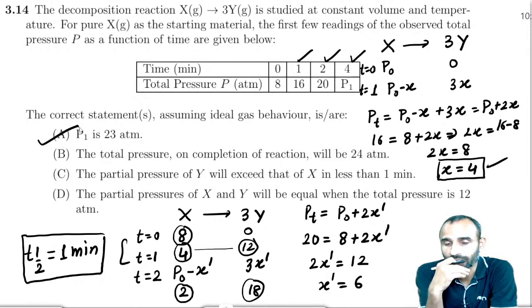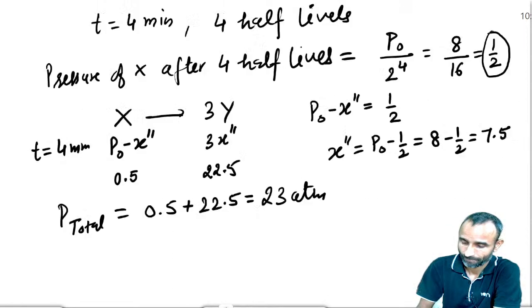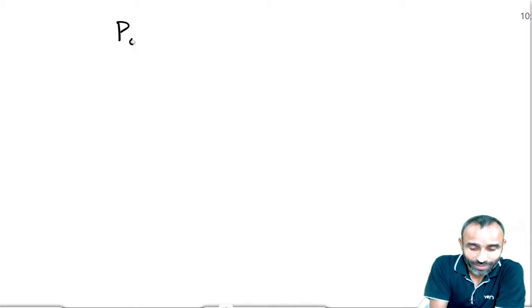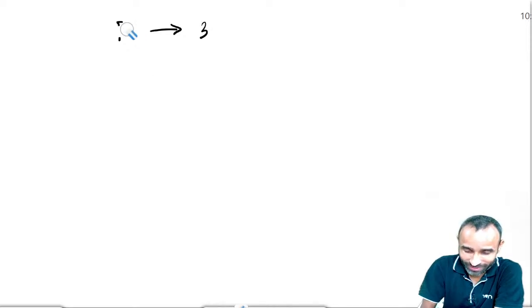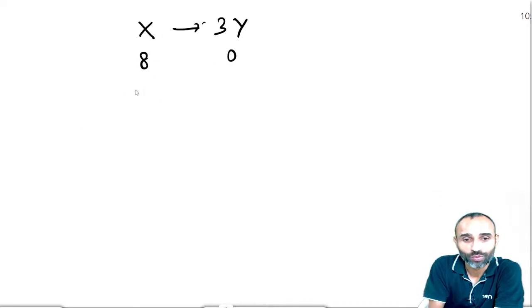Just tell me, is it true or false? I know you are talking about that reaction cannot be completed, or that a first order reaction takes infinite time. But after infinite time, when reaction completes, x goes to 3y, 8 to 0.